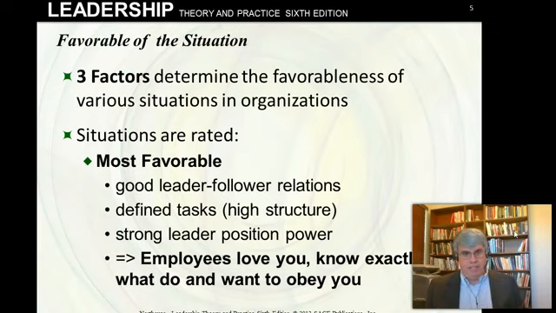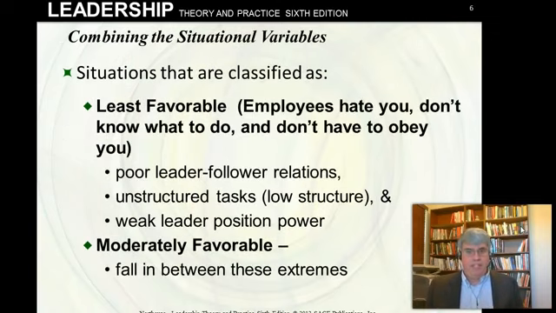Now, on the opposite end of the spectrum are the least favorable. That's where the employees hate you. They don't want to do it. They don't know what to do, and they don't have to obey you. And so using the terms as before, there's poor leader-follower relations. Maybe they don't really hate you, but there's tension there. They might not trust you. There's unstructured task. They don't know what to do. Success isn't very likely.